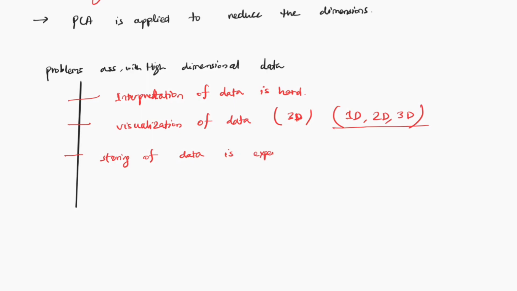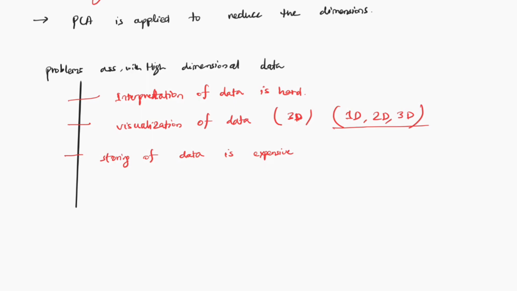Then the third one is that storing of the data is expensive. When you have high dimensional data, it requires high storage to store that data. Let us say you have earlier 10 dimensions, and now you want to reduce that to 5, and all the numerical data was of the same data type, floating 32. Then you are reducing the storage capacity to half.